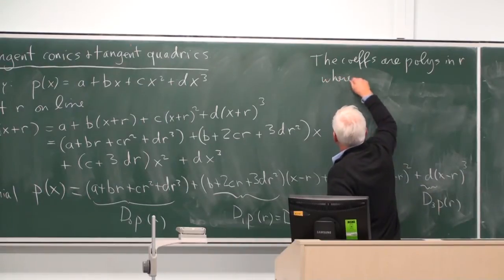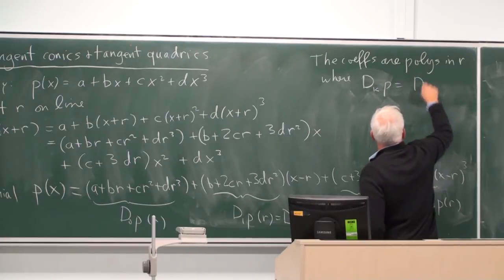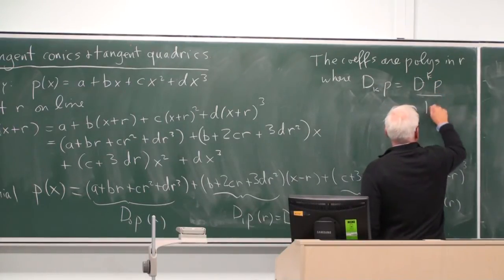Where D sub K of P is the same as the kth derivative over K factorial.